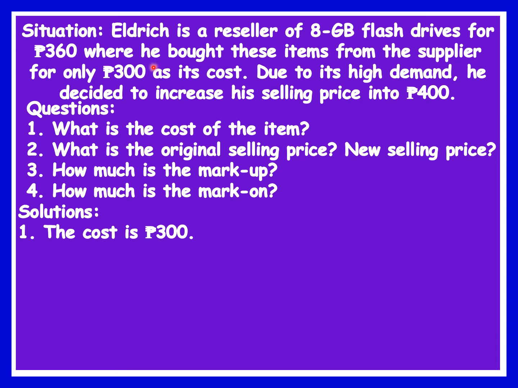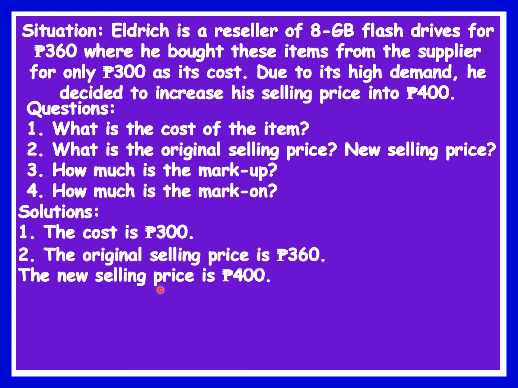After that, due to its high demand, he decided to increase his selling price to 400 pesos. So this will be your new selling price, and this is your original selling price. Again, the original selling price is 360 pesos and the new selling price is 400 pesos. Number 3, how much is the markup?